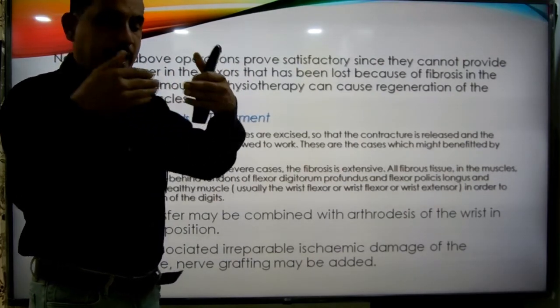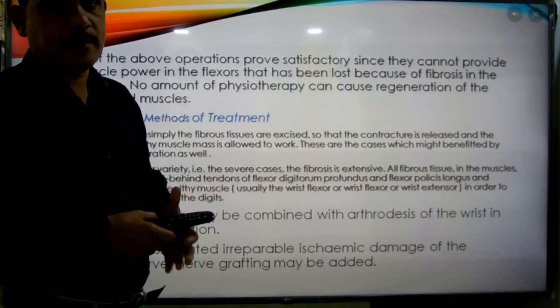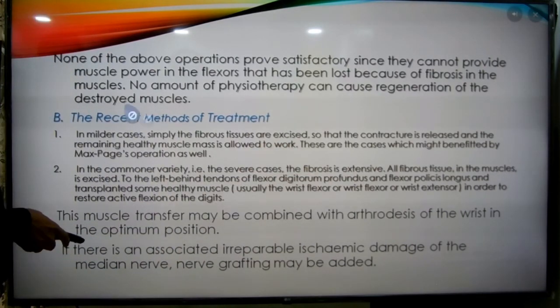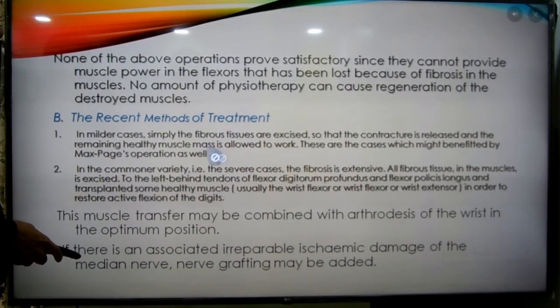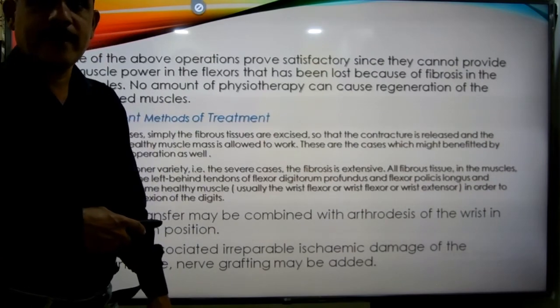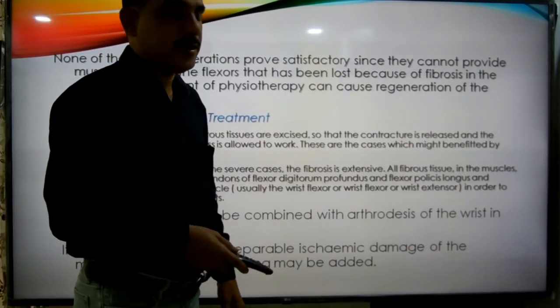But when there is a larger gap, in place of that gap the healthy muscle should be transplanted or replaced by transplantation of muscles. So this is a recent method of treatment, and this gives a satisfactory result. As the previous, old methods we have seen don't give satisfactory results, isn't it?